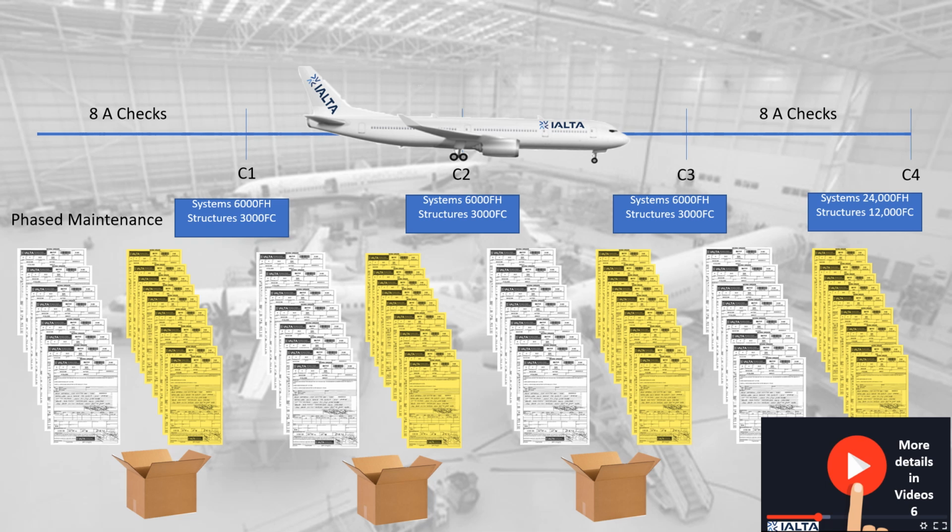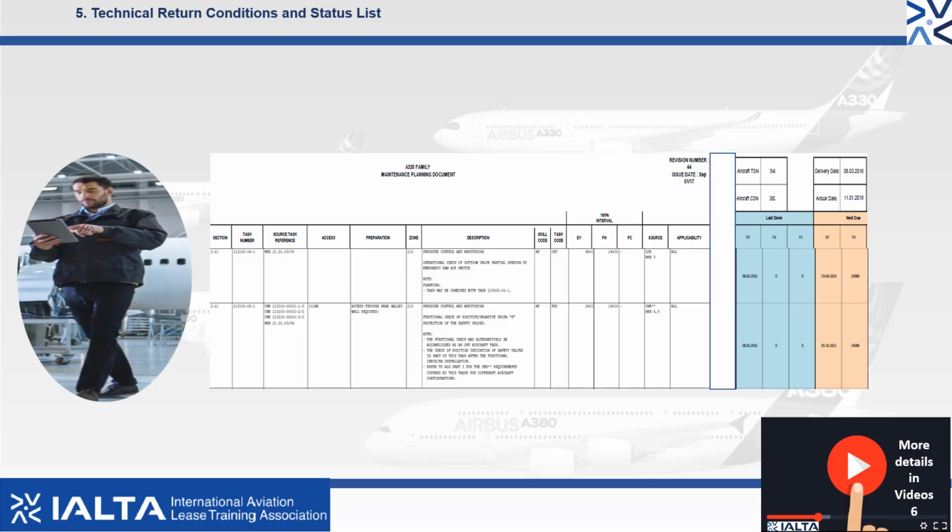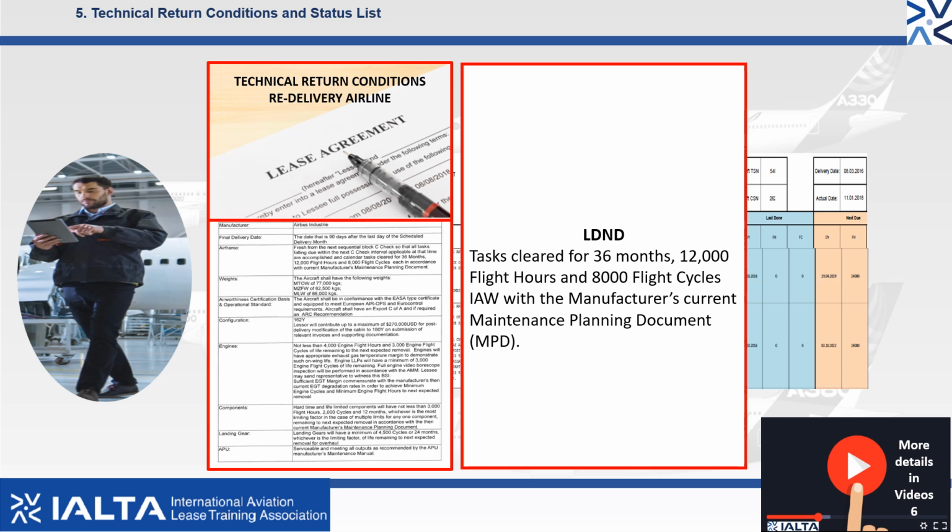This relates to the maintenance tasks on the aircraft. As an example, typical wording on the return conditions might state that tasks are cleared for 36 months, 12,000 flight hours, and 8,000 flight cycles in accordance with the manufacturer's current maintenance planning document, or MPD.